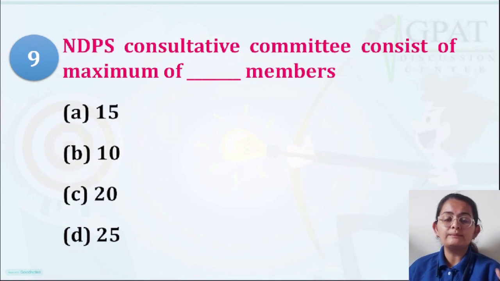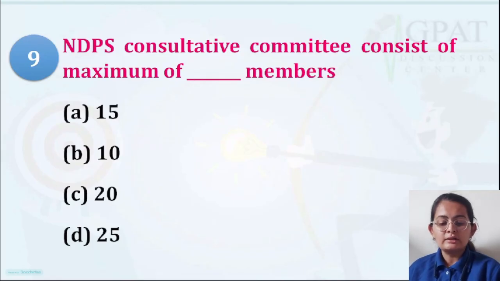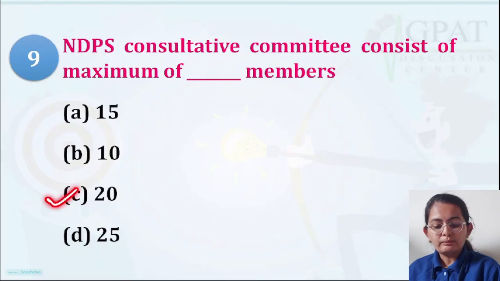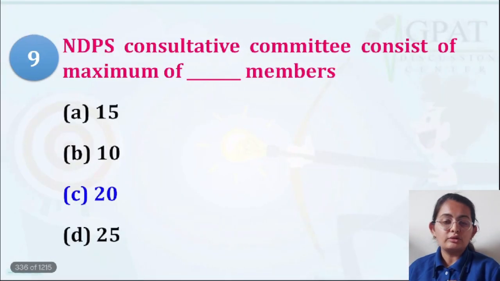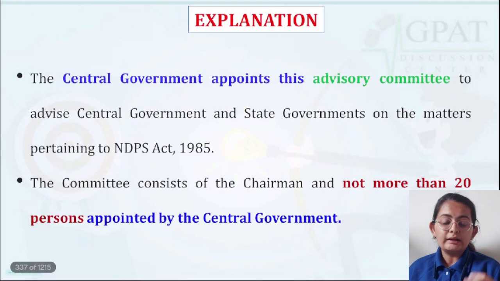Based on that, discussions and deliberations happen, and then further acts and regulations are passed. So there should not be more than 20 members who would be advising the central government regarding narcotic drugs and psychotropic substance related matters.